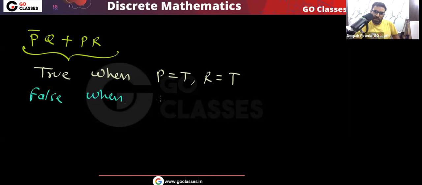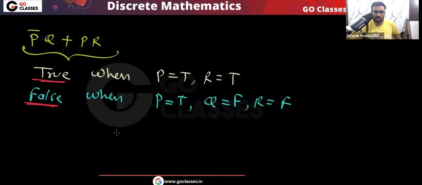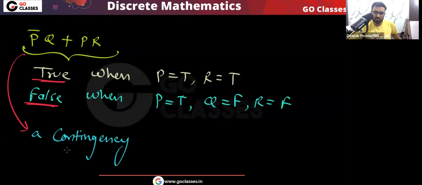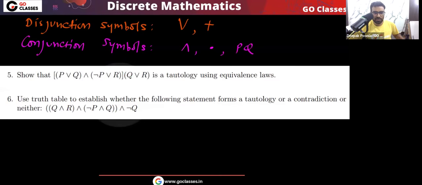It will be false when I take r false. P you can take as anything, say true. The point is, you make q false and r false. So I can make it true, I can make it false. Finally I can say that it is actually a contingency. Very simple, so remember, it is a contingency.